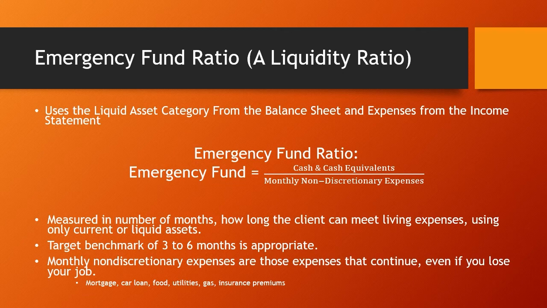And there's a lot of clients of financial advisors who would have this problem simply because, like I said, they have a business. So anyways, 3 to 6 months of liquid assets, 3 to 6 months of non-discretionary expenses is what you should have in liquid assets. Okay, so that's how we use the emergency fund ratio.